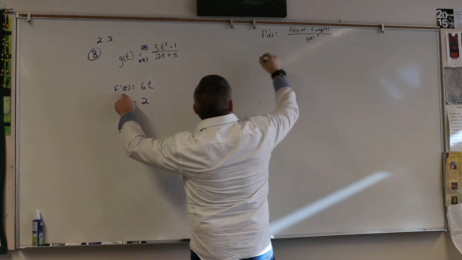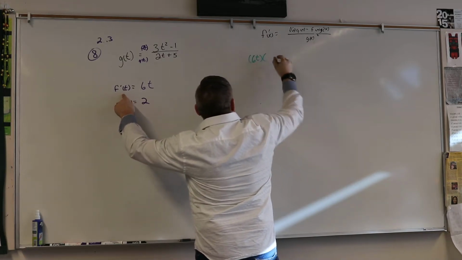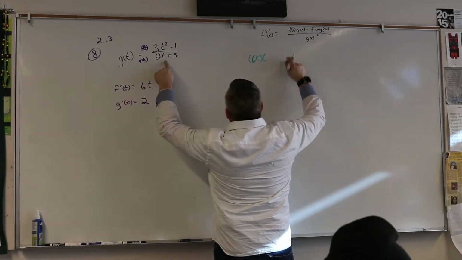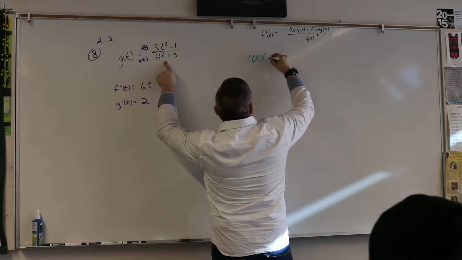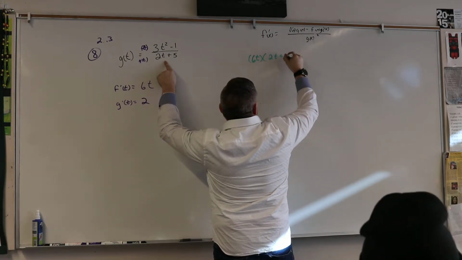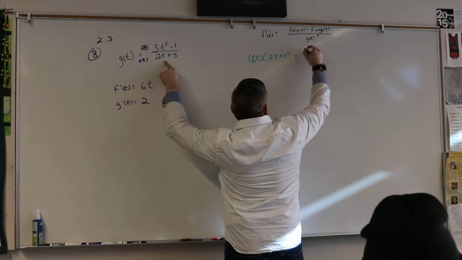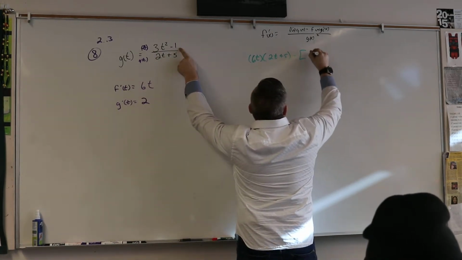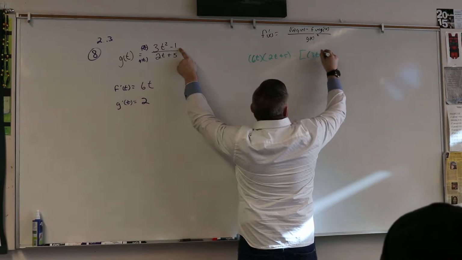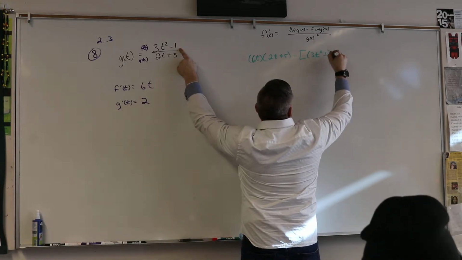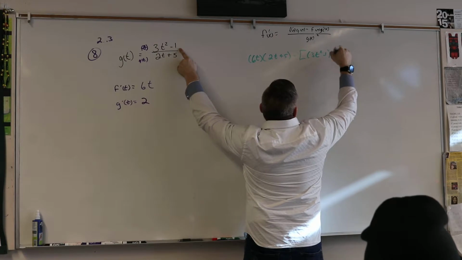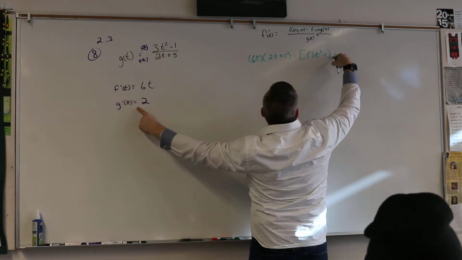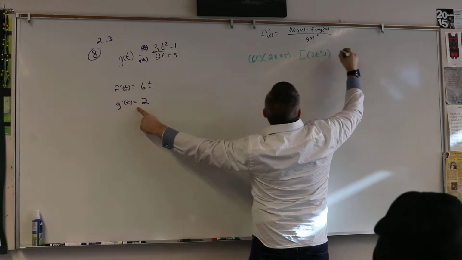So f prime is 6t times g, which is the bottom. So that's 2t plus 5 minus the quantity of f, meaning the top, 3t squared minus 1, times g prime, which is the bottom, 2.